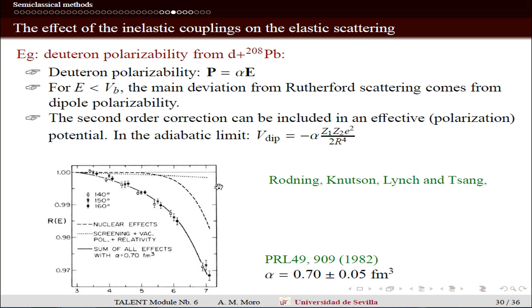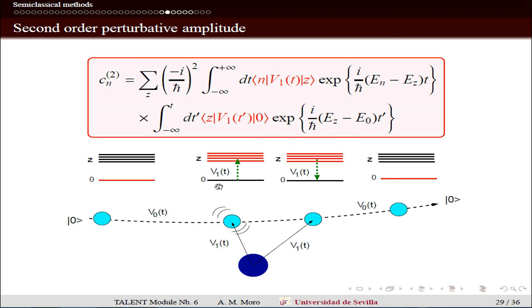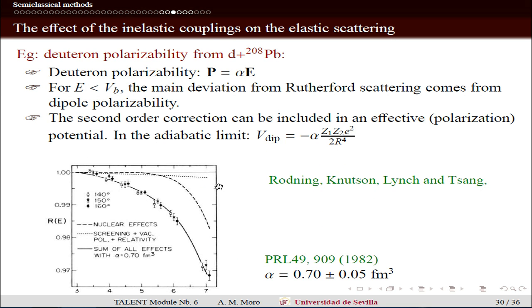So we add to the central Coulomb interaction an additional effective interaction that takes into account this second order effect. This second order effect is equivalent to adding this term. This is only valid in this adiabatic approximation.